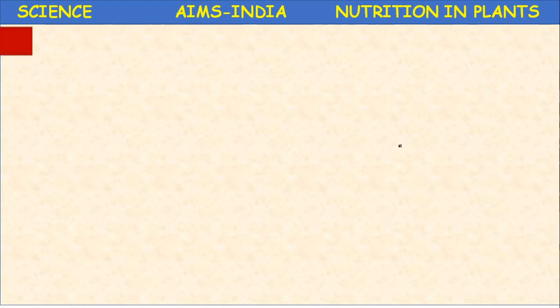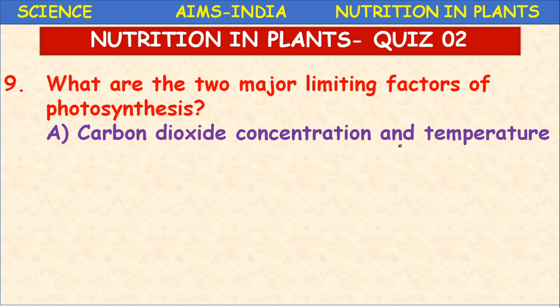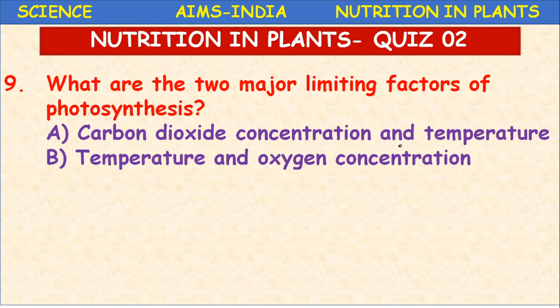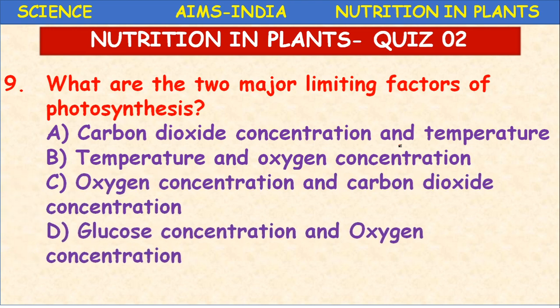Next, what are the two major limiting factors of photosynthesis? Important limiting factor, carbon dioxide. The options: concentration of carbon dioxide and temperature; temperature and oxygen concentration; carbon dioxide concentration and oxygen concentration; glucose concentration and oxygen concentration. Here limiting factor means reactants.